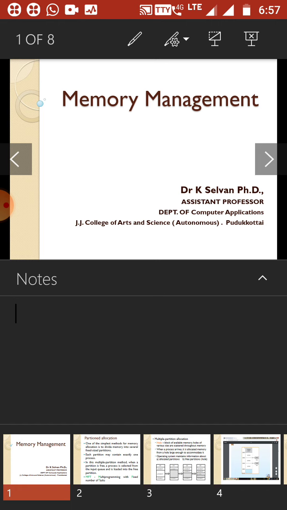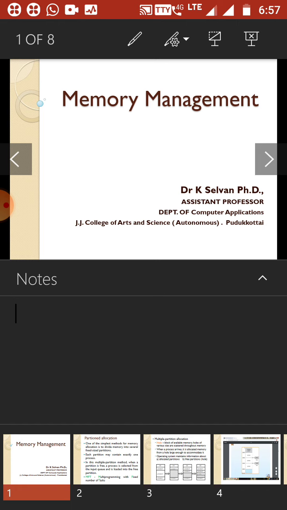In single contiguous memory management technique, the entire random access memory space is divided into two portions, low memory area and high memory area. In the low memory area, system programs are loaded and executed. In the high memory area, user programs are loaded and executed.